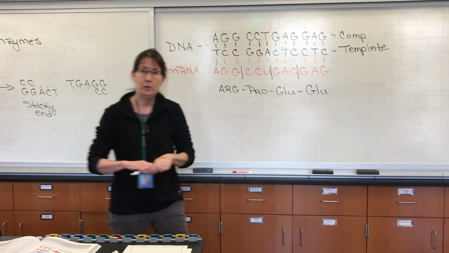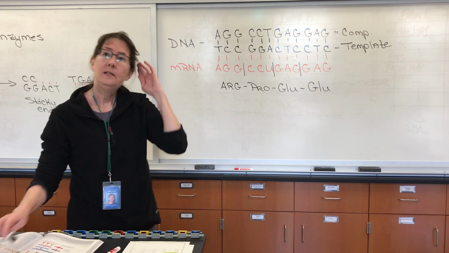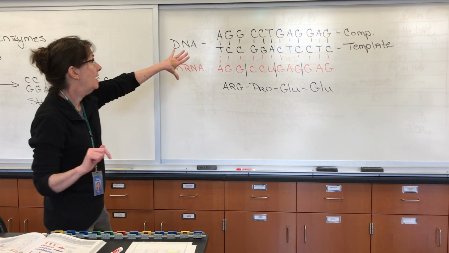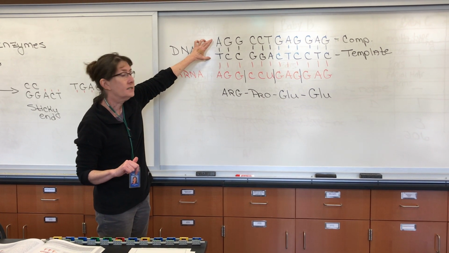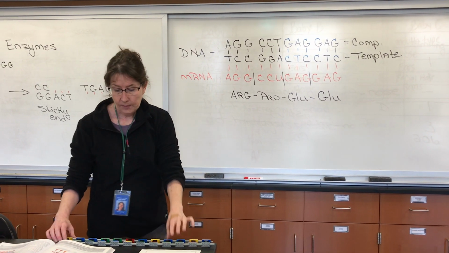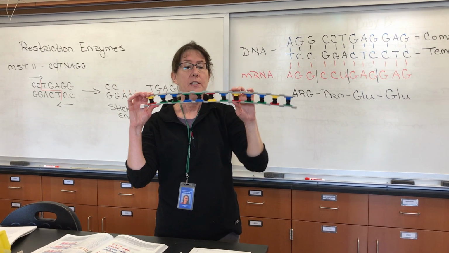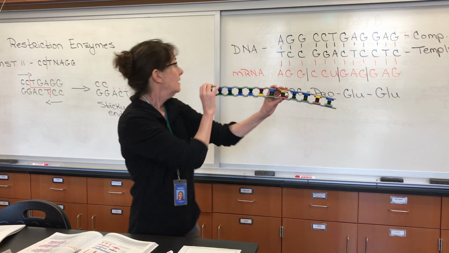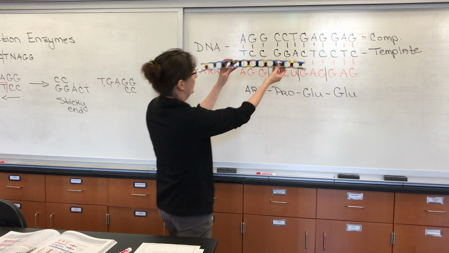and GLU in sequence. Now, what would the restriction enzyme MST2 do when it comes across this section of DNA? Well, here we have in our Legos, our DNA model made up. This is corresponding to our complementary strand at the top.